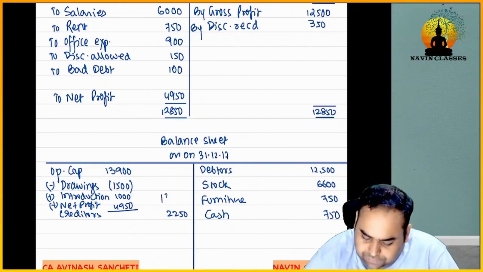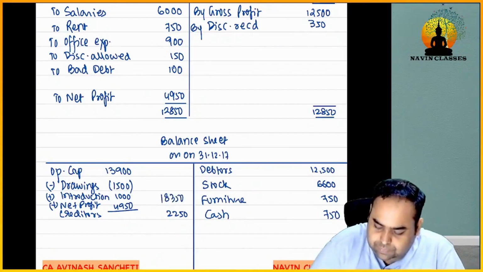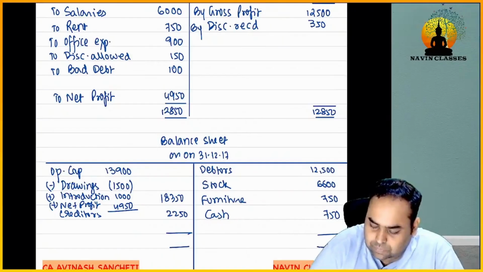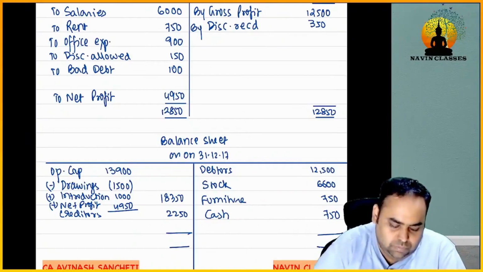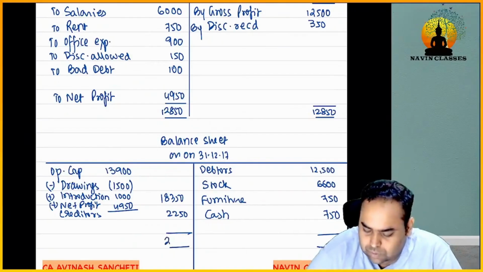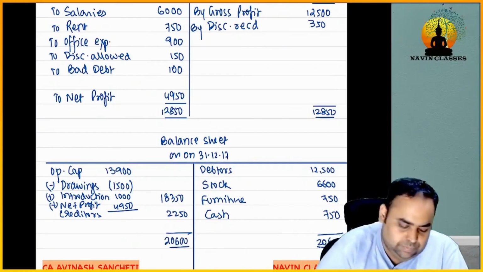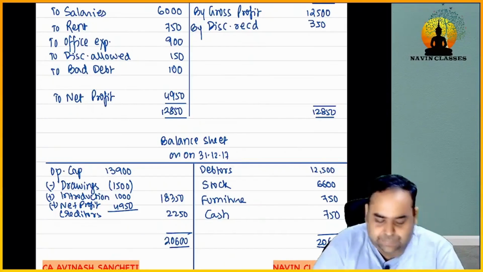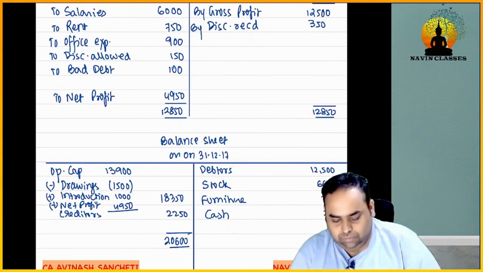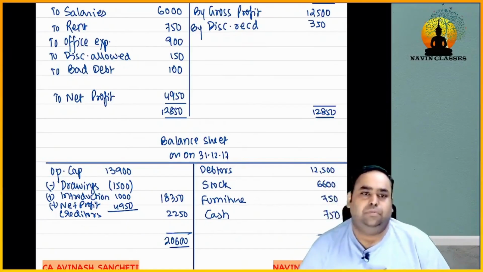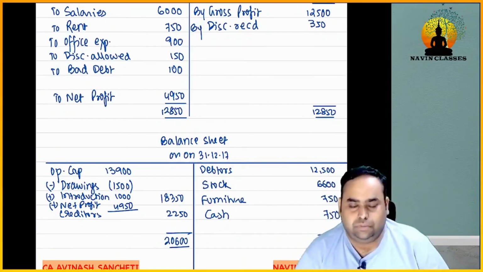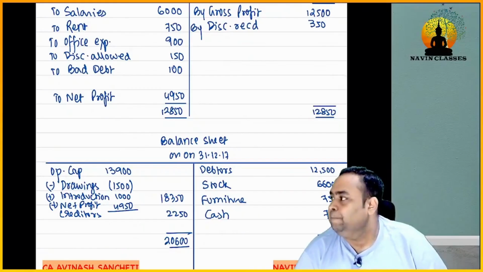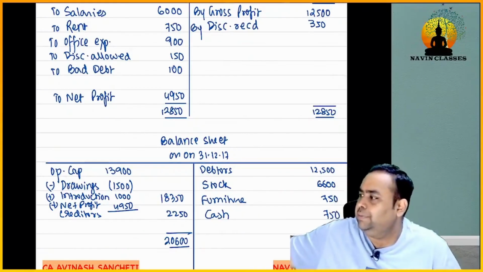Then add 18,350. 20,600. Check once if both the sides are perfectly tallied. Take your time to check.